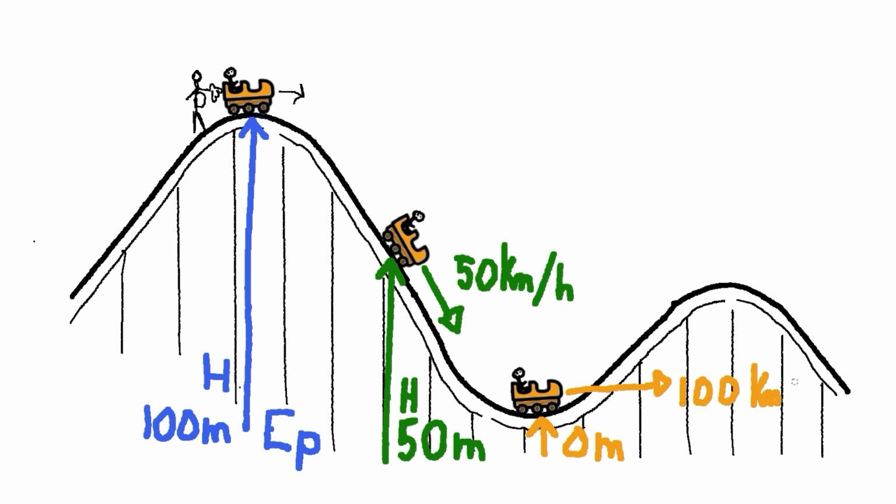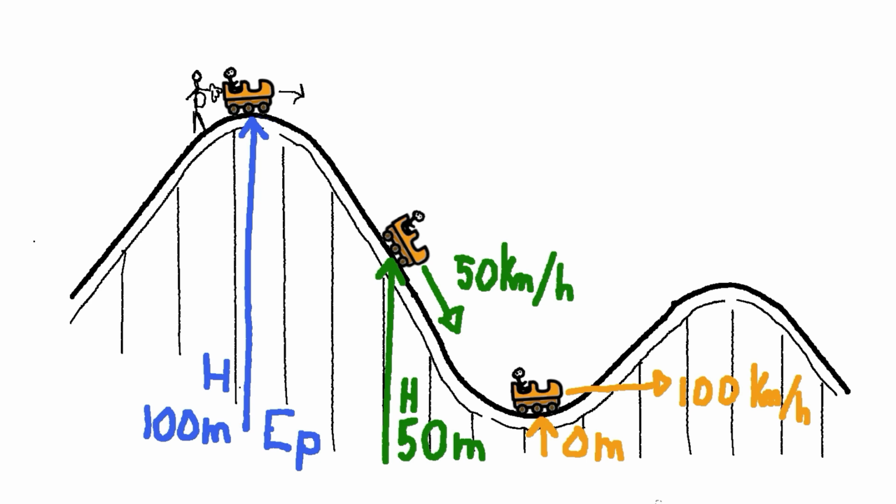Now you see that if I come and say, you see how powerful is my finger? With just one finger I caused your cart to go 100 kilometers per hour. You know very well that the energy was not coming from my finger. The energy that caused the car to go at 100 km per hour was the potential energy. So I just transformed potential energy into kinetic energy.